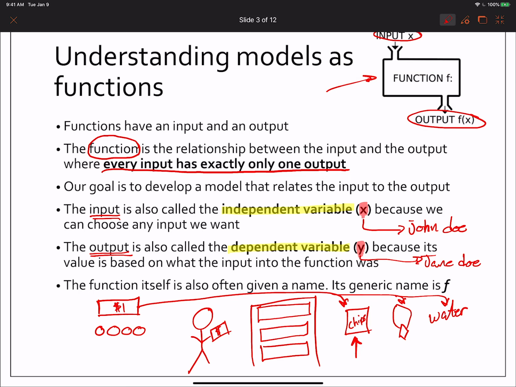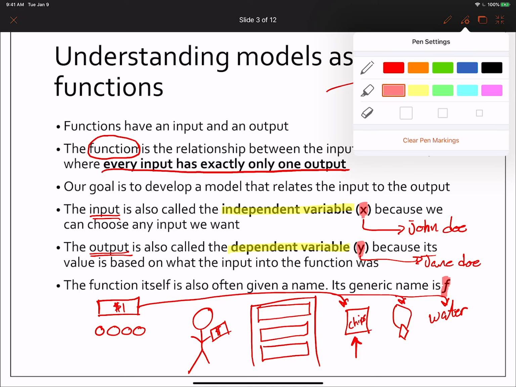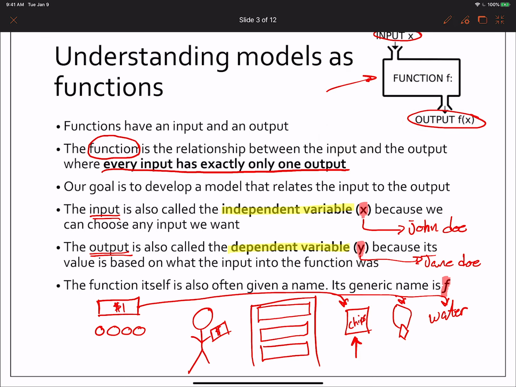Now for the name of the function itself, we give it a generic name of F. Now, going back, another way we can write our output is where we basically say F of X. If this part is confusing, I'm kind of moving a little fast here because we did a lot of this stuff in the beginning of the semester.